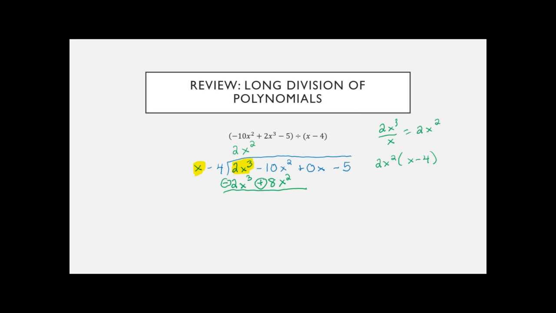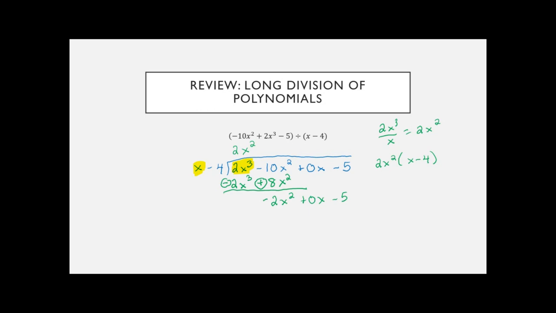Then you add them together going vertically. So 2x cubed minus 2x cubed is 0. Then I have negative 10x squared plus 8x squared, that's negative 2x squared. And then you just drop down your next terms.